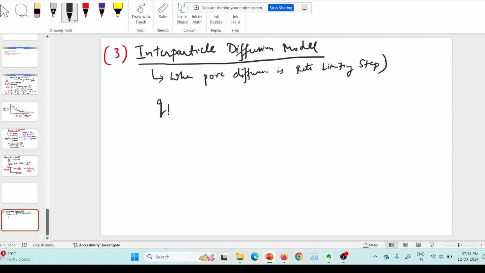It is written as qt equals KID t to the power 0.5 plus CI.